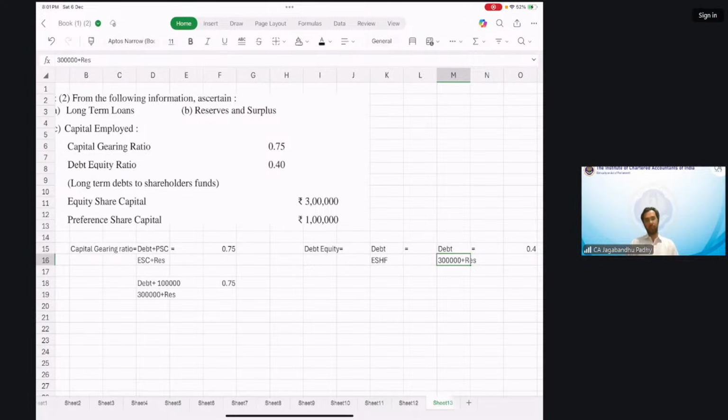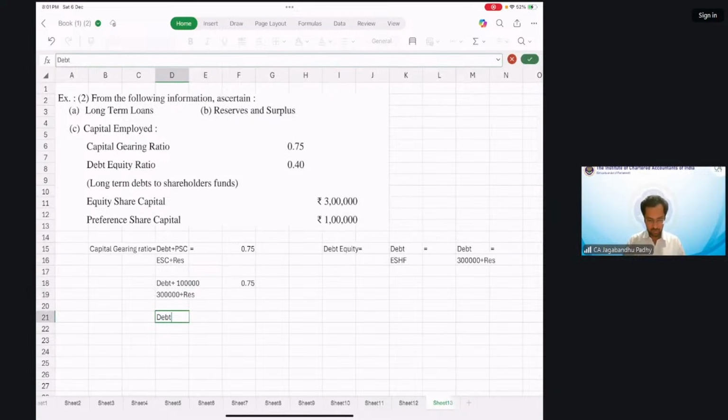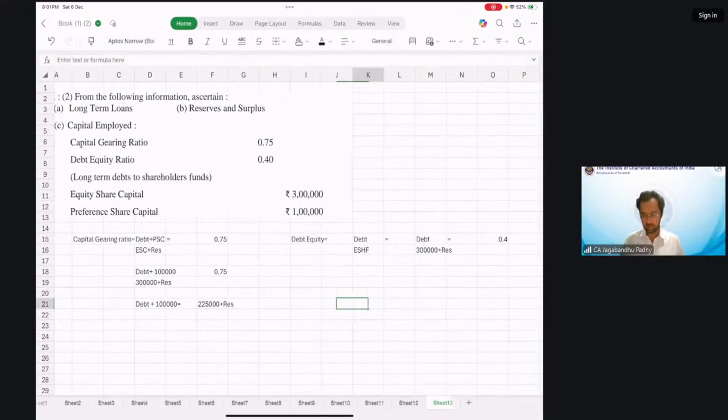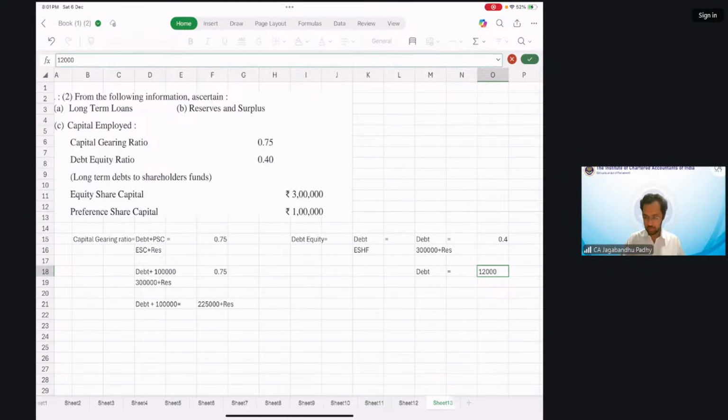So there's a two variable equation coming out over here, right? So we get this as debt plus 1 lakh is equal to 3 lakh into 0.75, which is 2,25,000 plus reserves. And debt upon equity plus reserves is 0.4. So debt is equal to 3 lakh into 0.4, which is 1,20,000 plus 0.4 times of reserves.